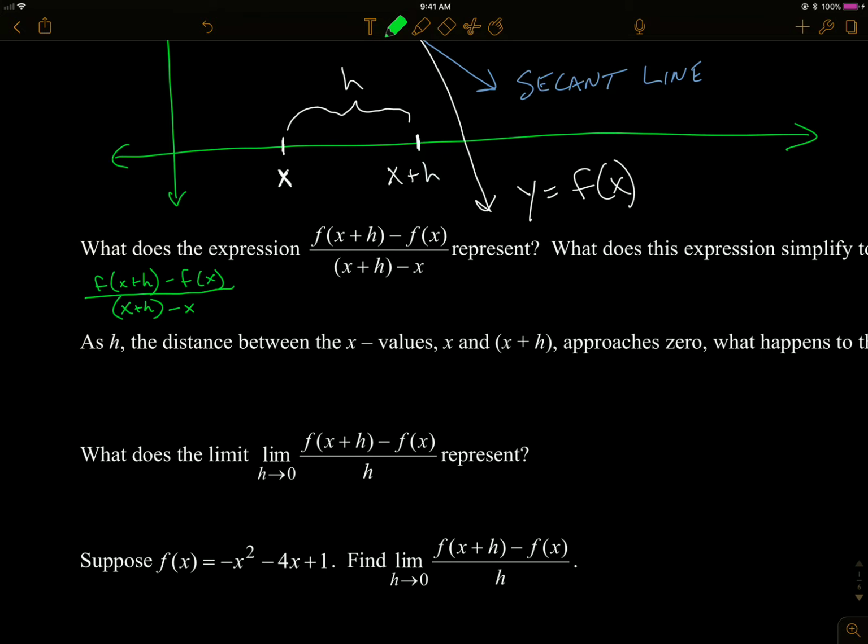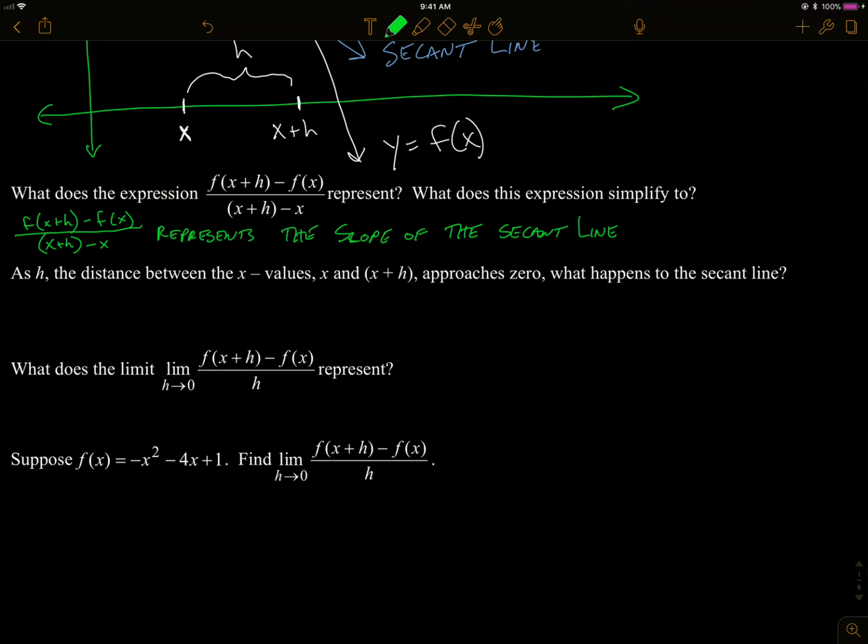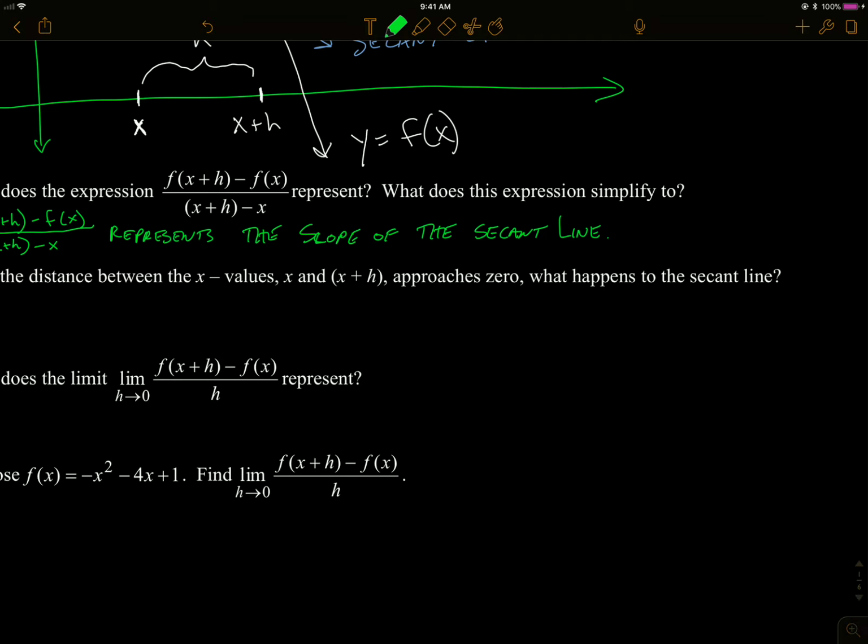So that expression represents the slope of the secant line. And remember, slope, we really want to think of that as a rate of change. That's the whole goal here.